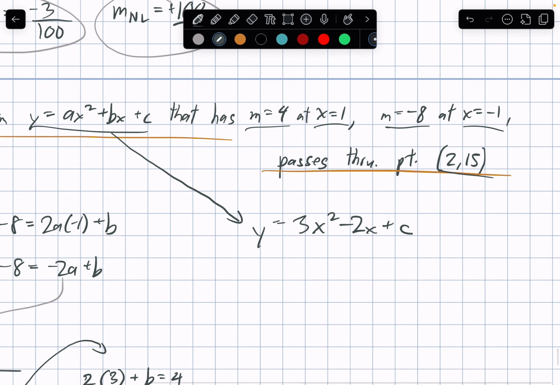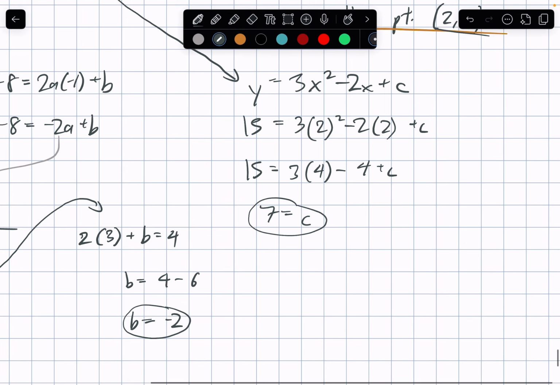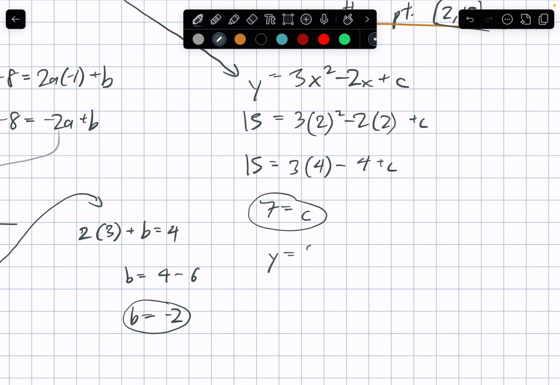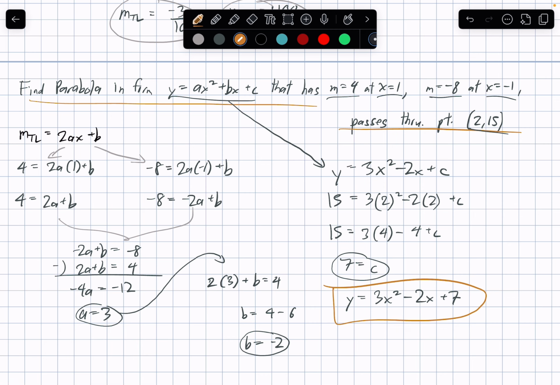So let's try, given this equation that we already have, substitute 15 for y and x as 2. Then you'll find c. 12 minus 4, 8, 7. So c is equal to 7. Therefore, 3x squared minus 2x plus 7. This is the parabola.